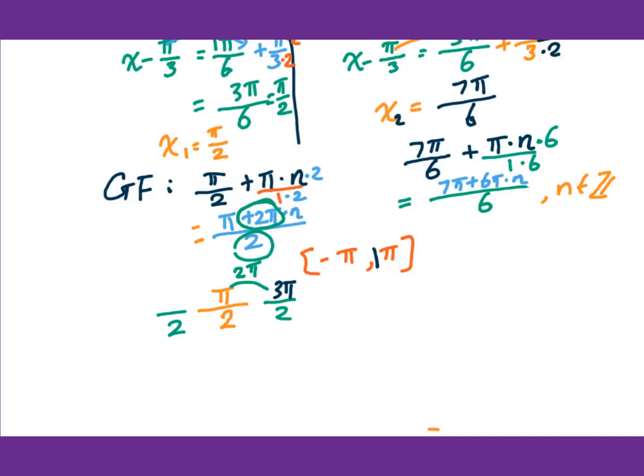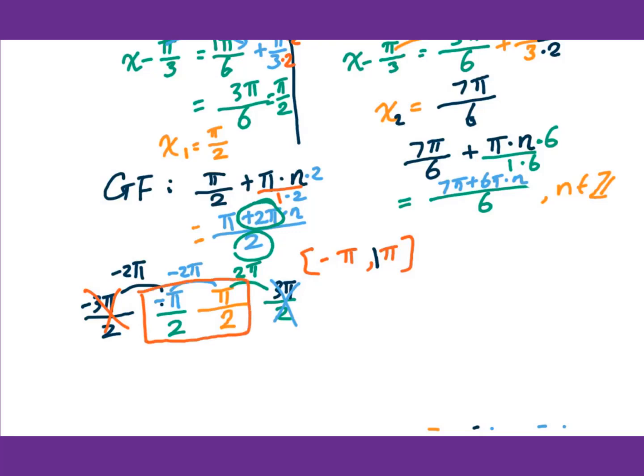It's already greater than 1 pi. Therefore, it's not in this domain. Then for this part, you subtract 2 pi. You will get negative pi over 2, which is in this domain. So keep that, and subtract another 2 pi: negative 1 pi minus 2 pi, we get negative 3 pi over 2. It's out of the domain. So basically, negative pi over 2 and pi over 2 are the solutions in this domain.